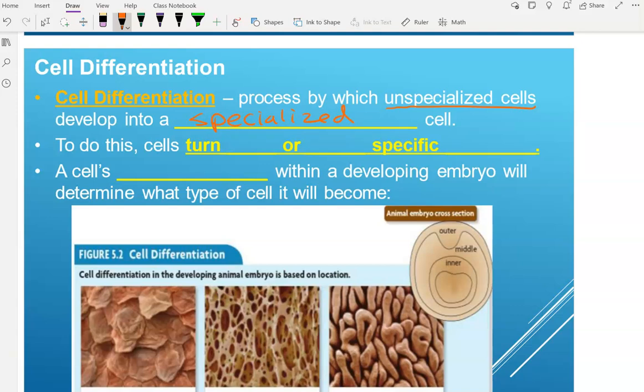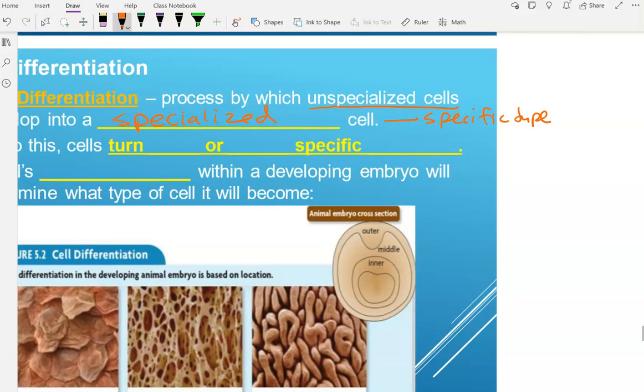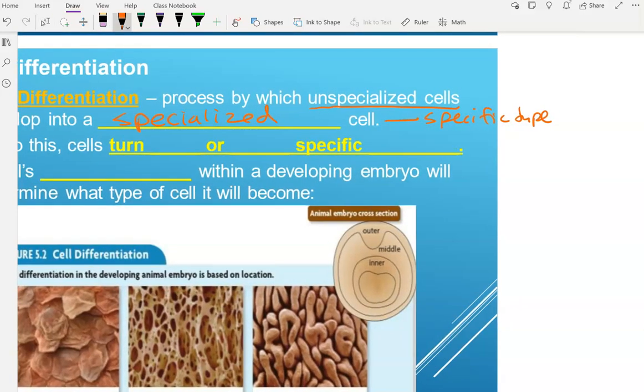By specialized, I mean it's a specific type and therefore will have a specific job.